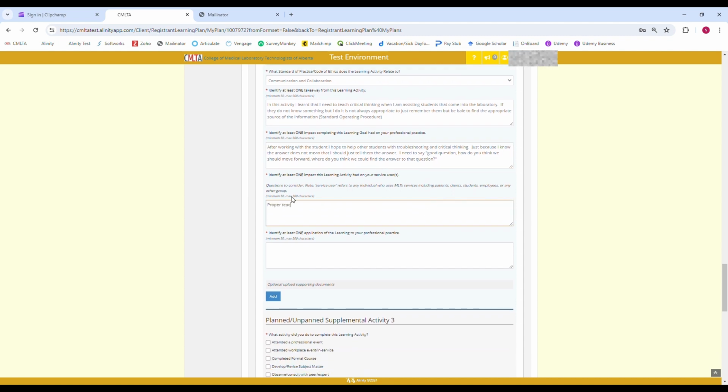The next question asks the MLT to identify at least one impact the learning activity had on their service users. Again, the term service user refers to any individual who uses MLT services, including patients, clients, students, employees, or any other group. This MLT answered the question the following way.